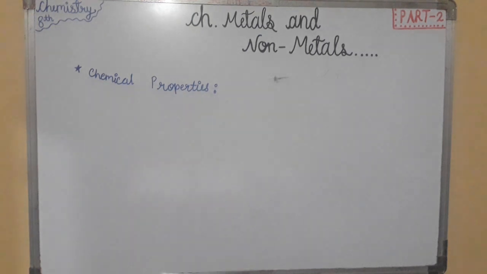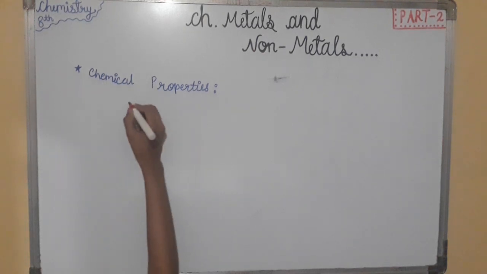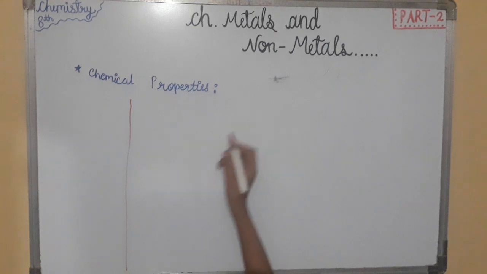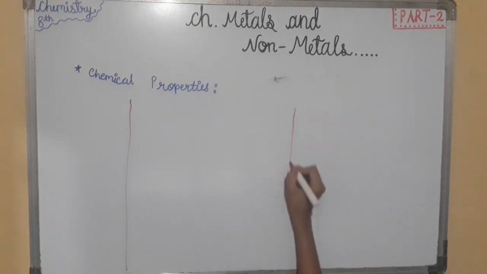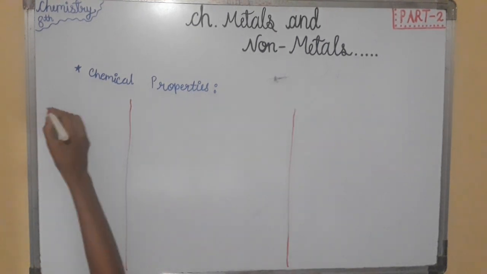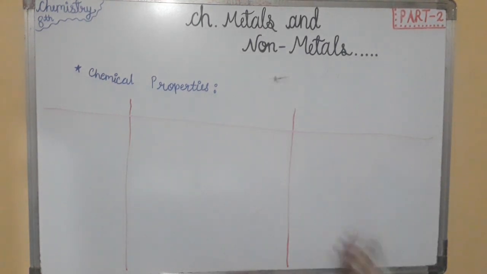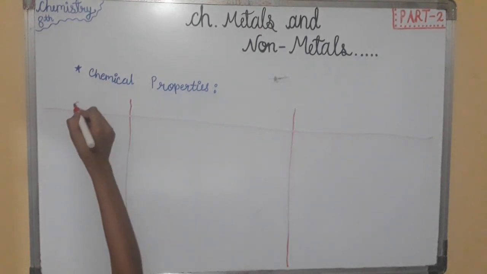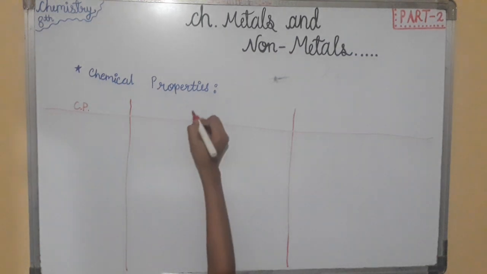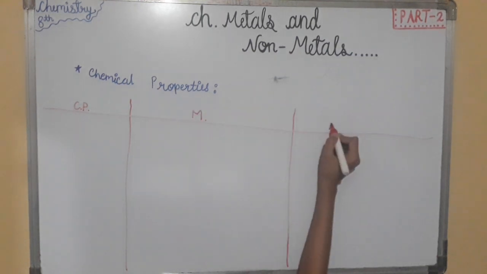The first chemical property is electronic configuration of metals and non-metals. Here we have the chemical property, here metals and here non-metals.